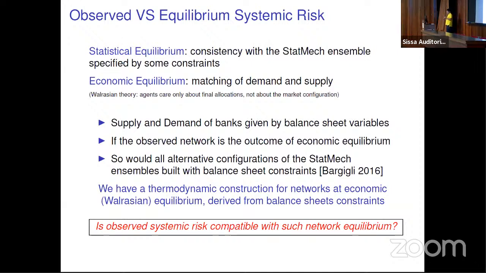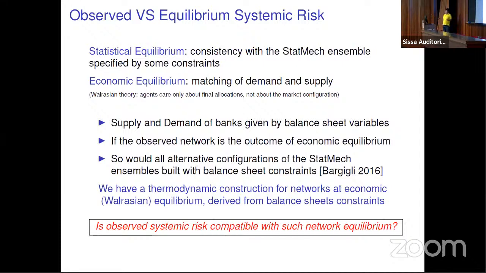If we take these variables as responsible for economic equilibrium, and we can observe a network at economic equilibrium, then we can use the statistical mechanics ensemble construction derived from this constraint to derive all possible configurations which are compatible with the same equilibrium.